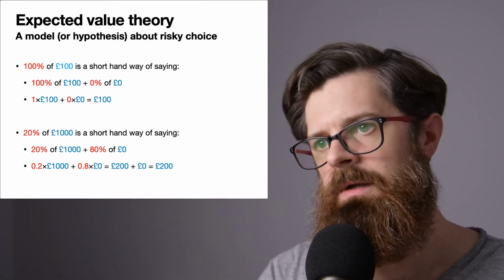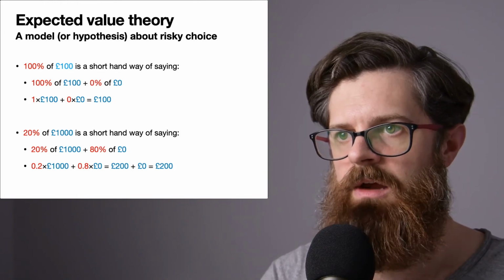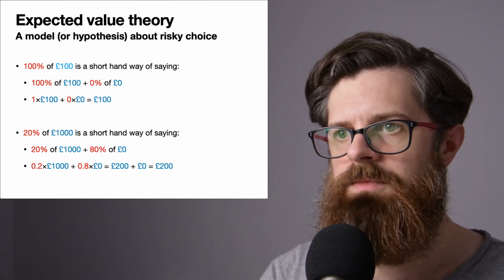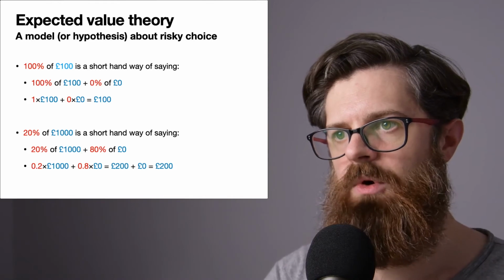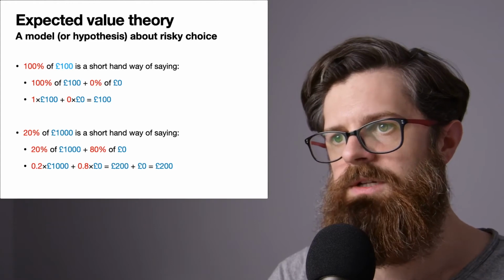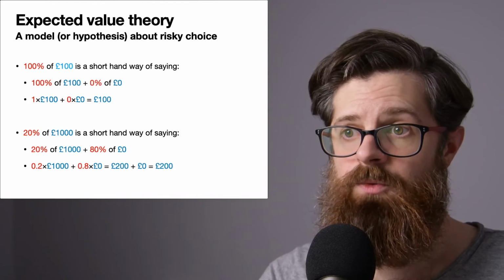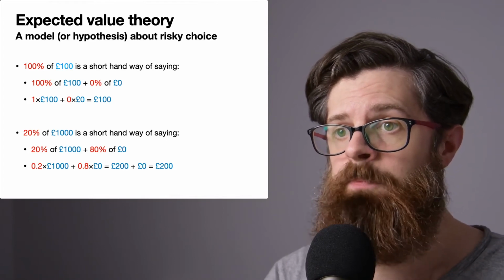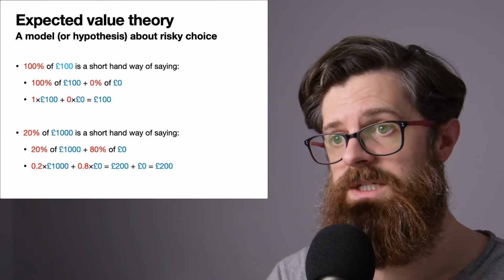Just to work through that, to elaborate the calculations for anyone who's not quite sure, very often these types of risky choices are shortened. If we look at the bottom example here, if you say there's a 20% chance of winning £1,000, that is a shorthand way of saying, yes, there is a 20% chance of winning £1,000, but otherwise 80% of the time you're going to win zero.